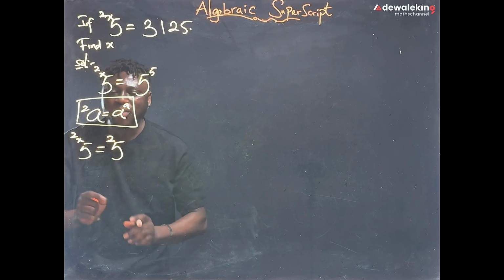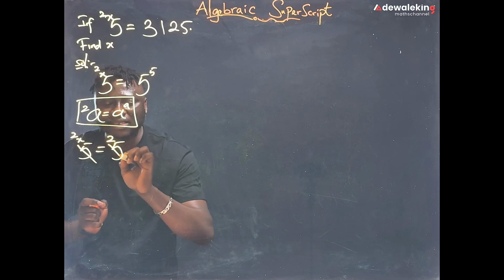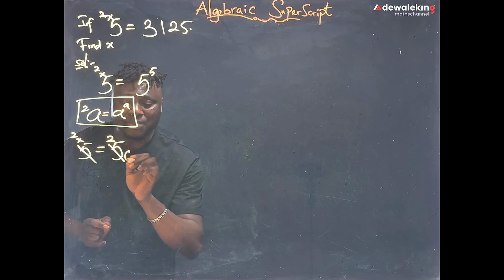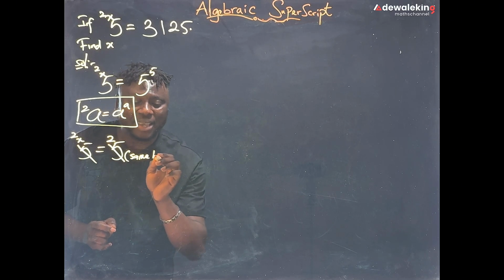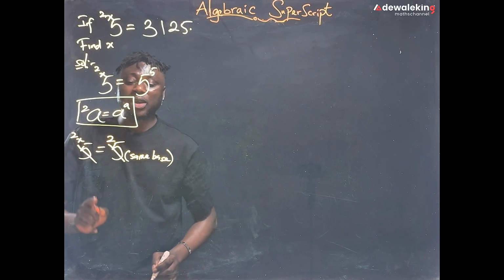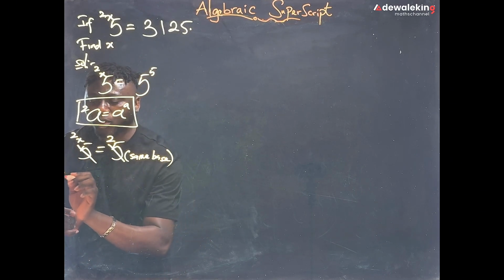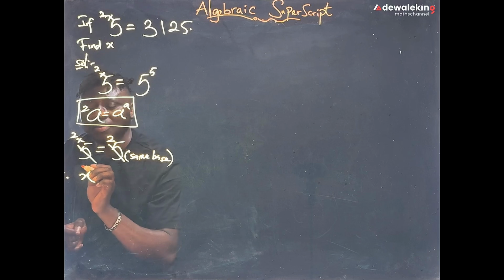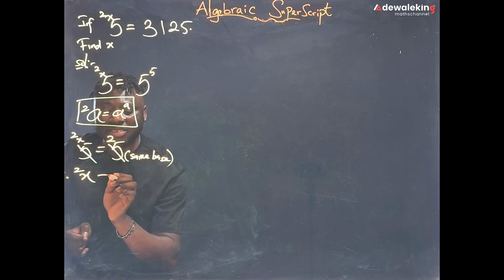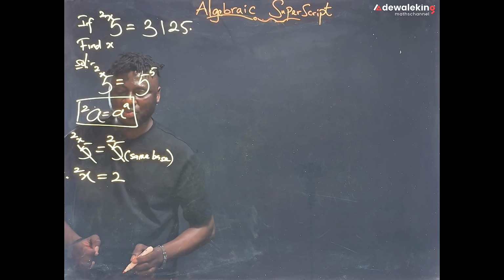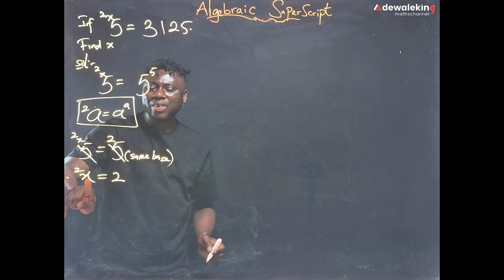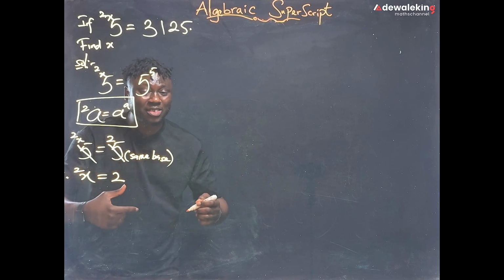So from here, we can see that we have the same base. So we're going to cancel the base. That is the reason why we cancel. Therefore, x tetration 2 is now equal to 2. From here, we can convert this to exponentiation.